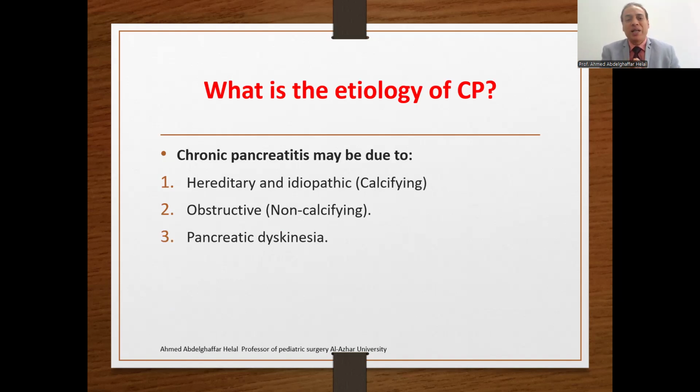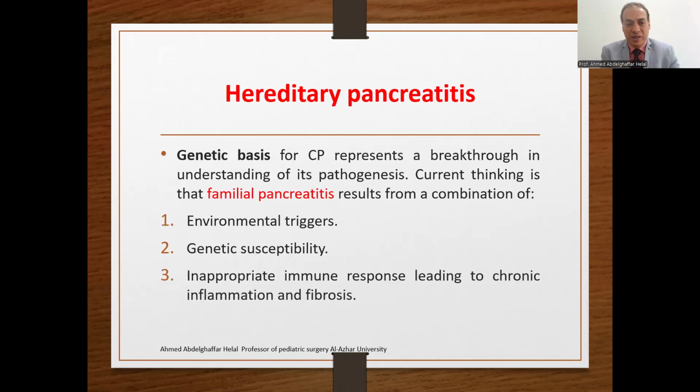To be clear, it's classified into hereditary or idiopathic pancreatitis, obstructive, or some conditions of what's called pancreatic dyskinesia. In hereditary pancreatitis, nowadays there is an understanding that there is a genetic background for some cases with a familial pancreatitis affecting more than one generation with inflammation and destruction of the pancreas.